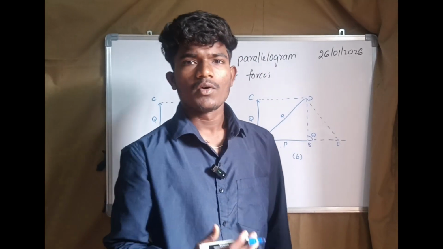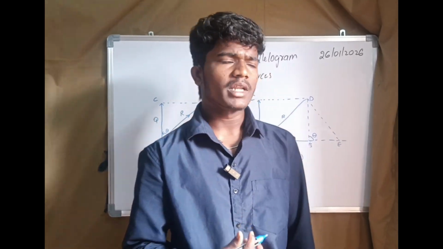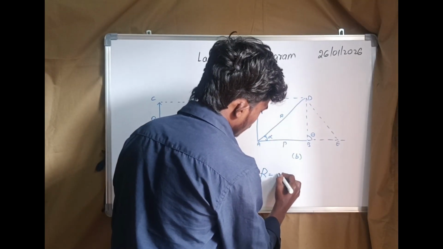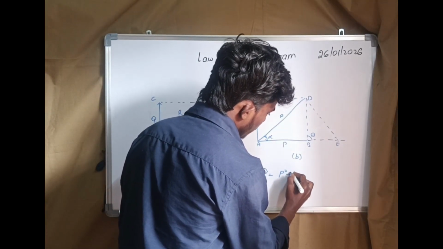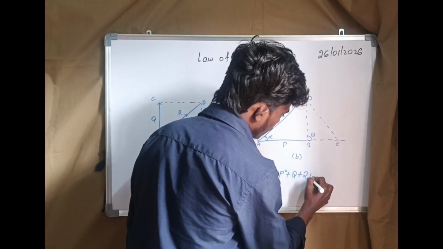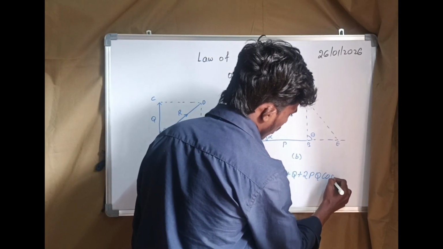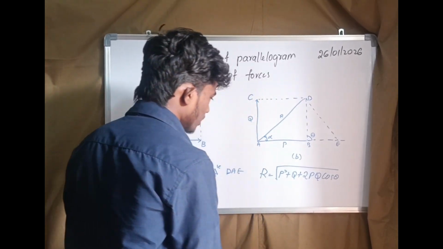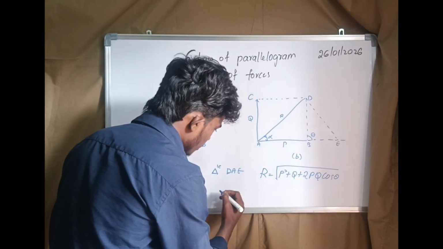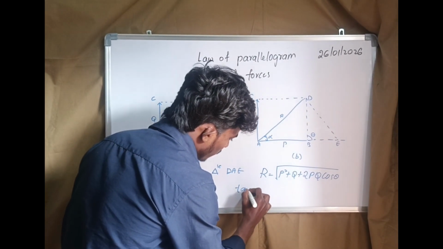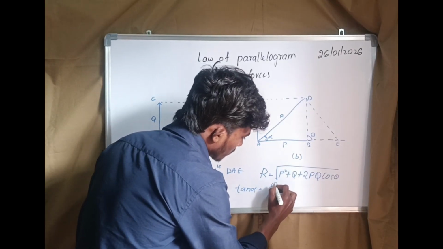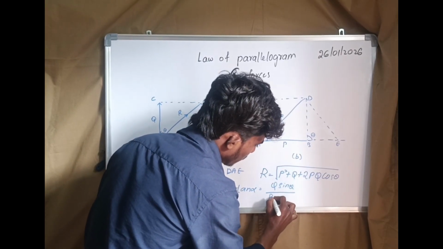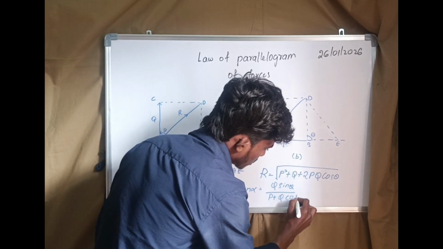The resultant force R equals under root of P square plus Q square plus 2PQ cos theta, and the angle made by the resultant to the adjacent side is tan alpha equals Q sin theta by P plus Q cos theta.